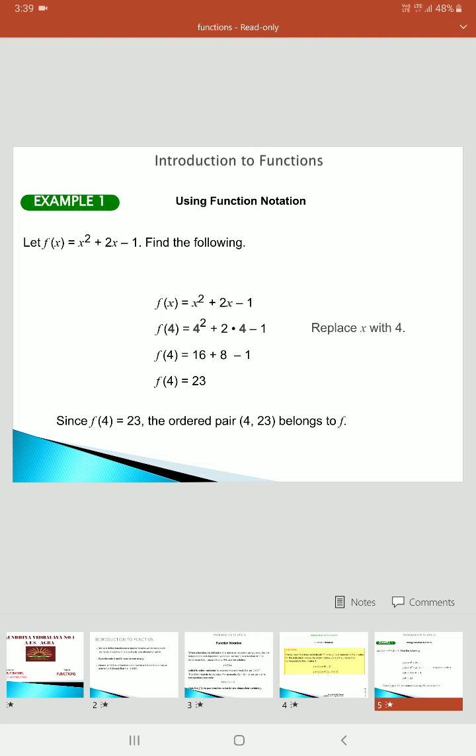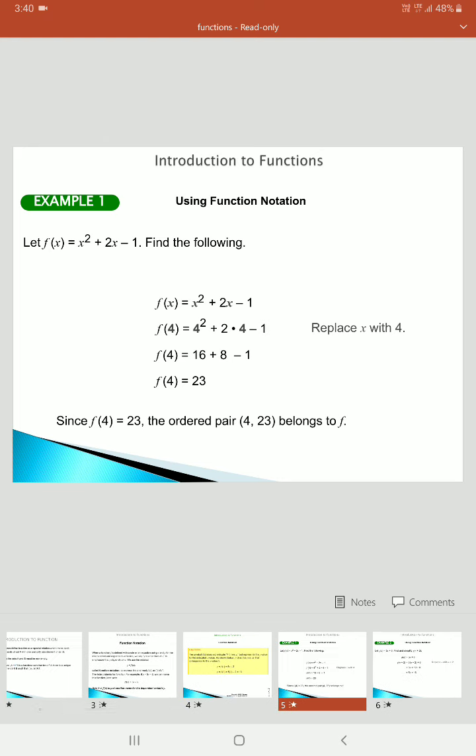If we replace x with 4, f of 4 equals 4 square plus 2 of 4 minus 1. So f(4) equals 16 plus 8 minus 1, that is f(4) equals 23. Since f(4) equals 23, the ordered pair (4, 23) belongs to f.